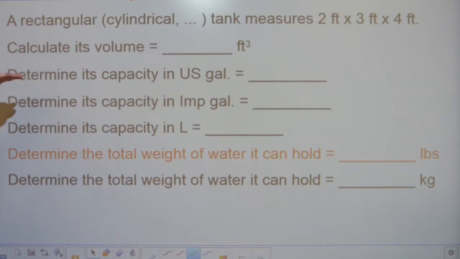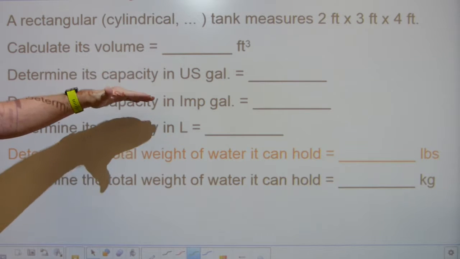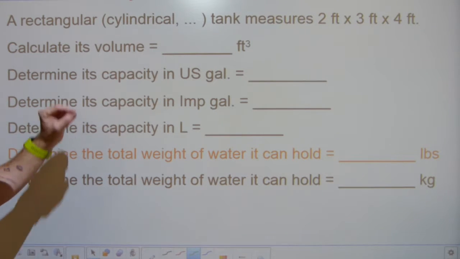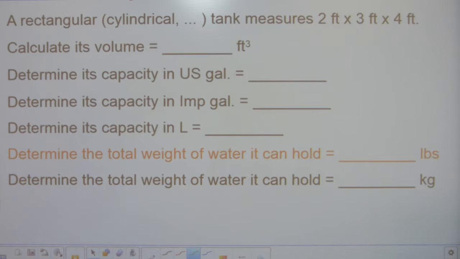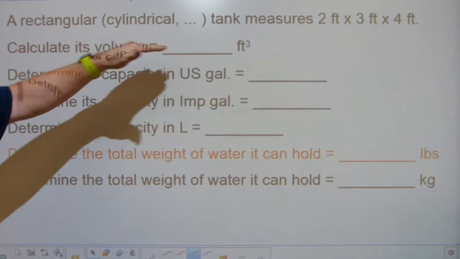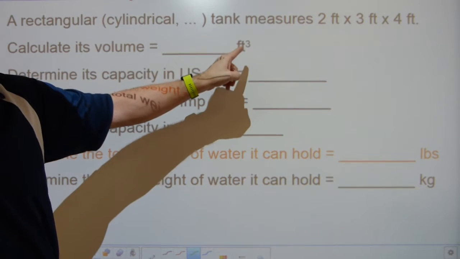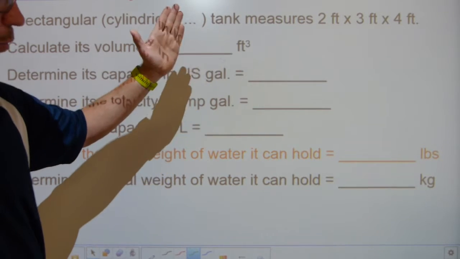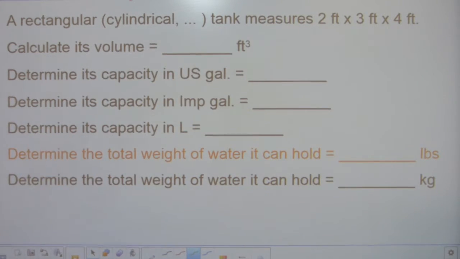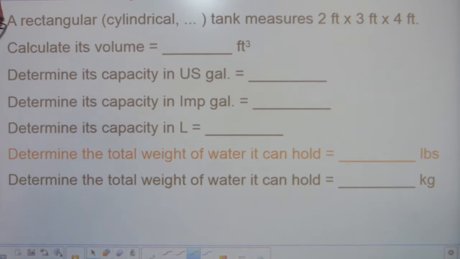But the rest of them are all conversions, and they don't get done in first, second, third, fourth and fifth order. You have to figure out which one of the conversions can be done right after you're done with the calculation, because you have to think through: you will have some cubic feet here, what needs to be converted, what can be converted to what first in order to solve all of the practice problems.